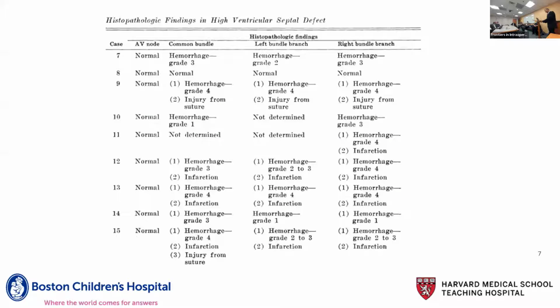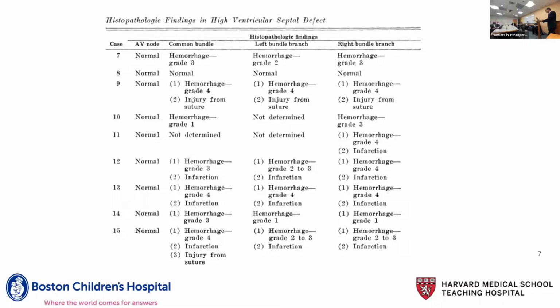So they went on further. They looked at all of these patients, 7 to 15 were the patients that they examined. And the mechanisms that resulted in heart block include direct injury from suture, but interestingly, hemorrhage and infarction. So a lot of trauma from suturing, but also probably disrupting some capillary endothelial interface near the His bundle, making it ischemic or distorting it in some fashion.